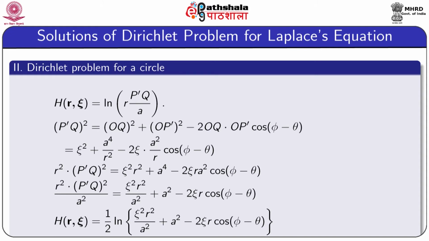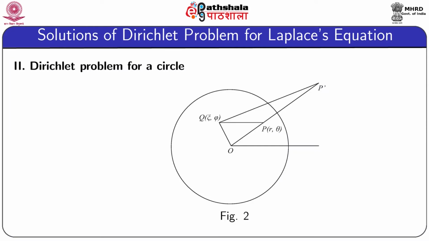So, for that we have to go back to the figure. From this figure you can see the value of P dash Q square is equal to OQ square plus OP dash square minus 2 into OQ into OP dash into cos of the angle between OP and OQ, which for this case is phi minus theta.